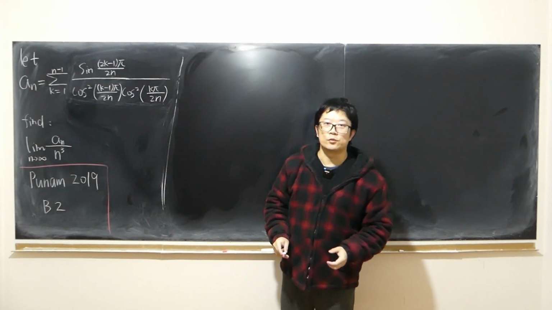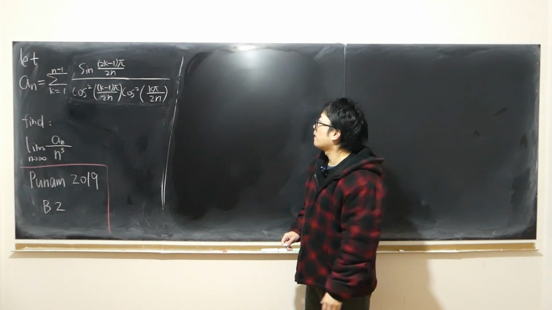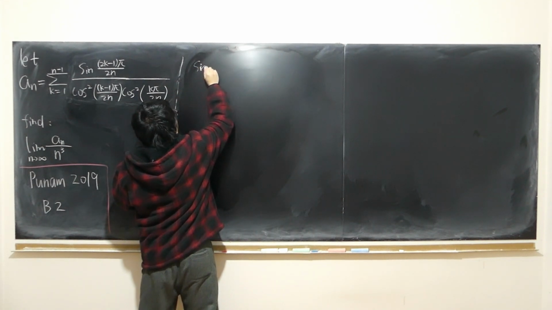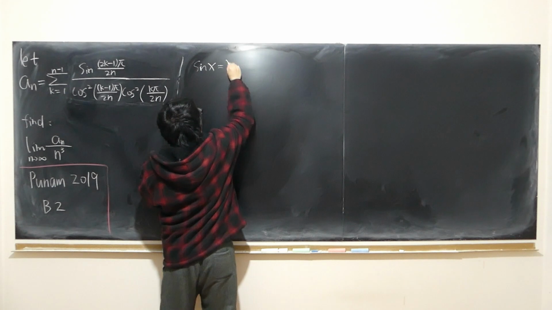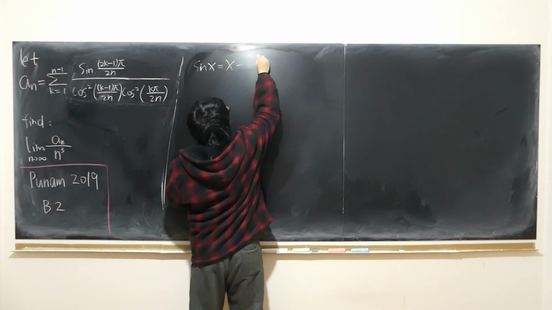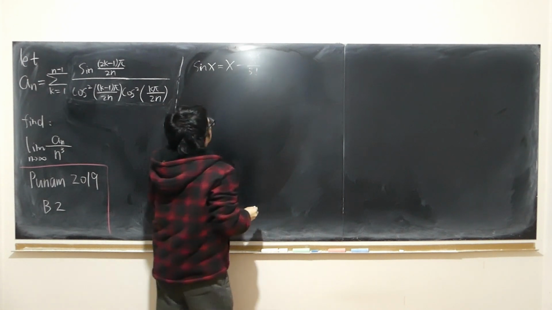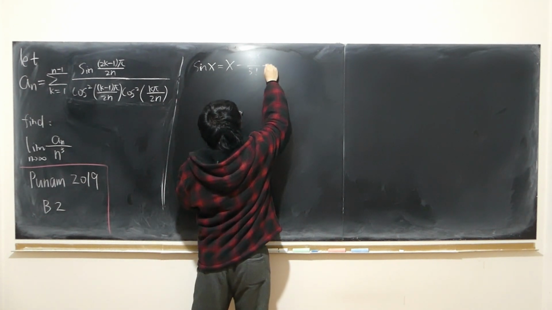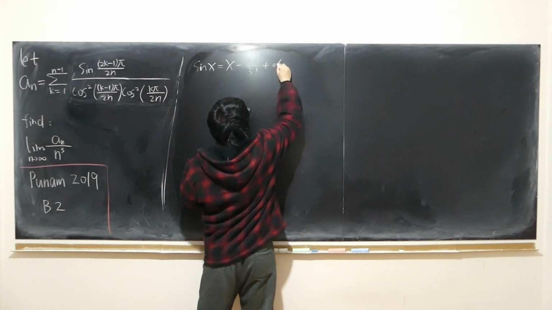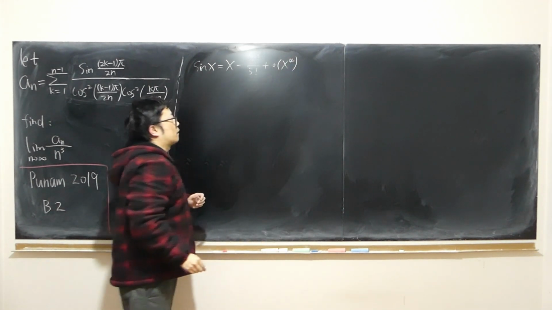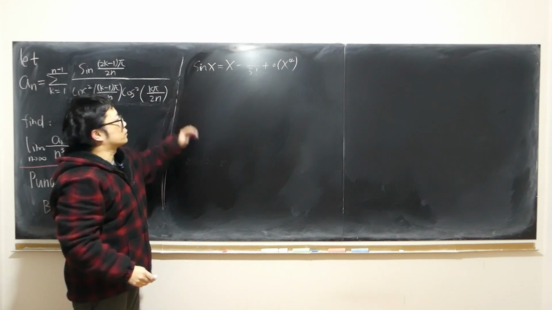And the second way is to use Taylor expansion. As we all know, near 0, we can write sine x as x minus x cubed over 3 factorial, and so on and so forth. Using little o notation, x to the power of 4. Right? That's the Peano remainder of Taylor expansion.